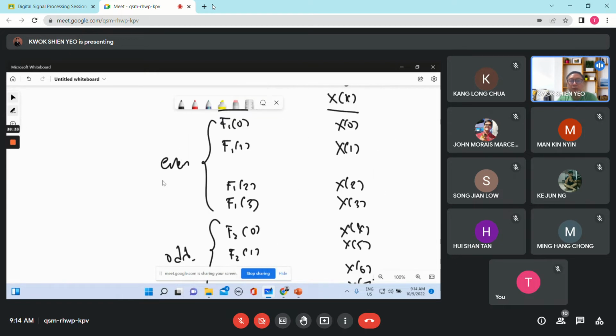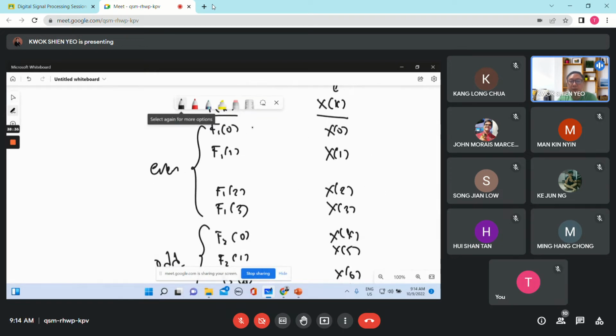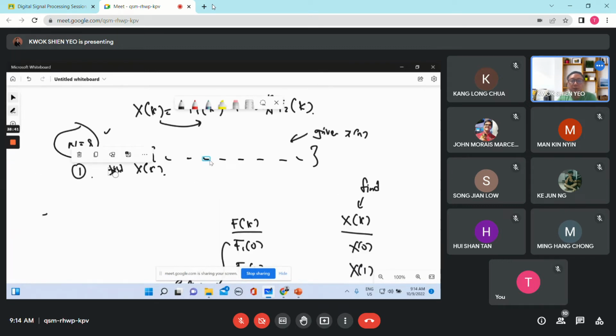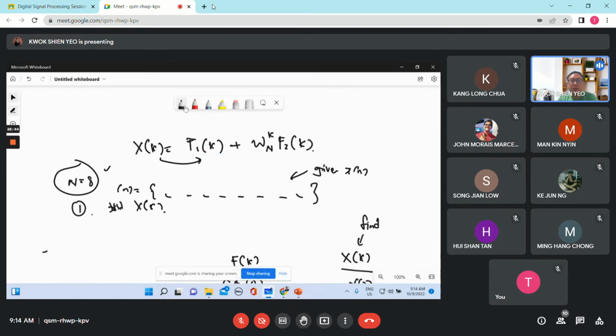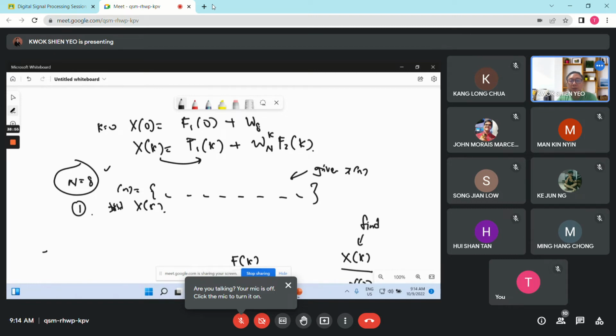I do not know what F is yet, but I know that the relationship between F and X is defined by this equation. For example, if k equals 0, then X0 can be calculated from F10 plus W8^0 times F20. If I want to find X0, I can use F10 and F20 to calculate it, but F20 has to be multiplied with W8 to the power of 0.